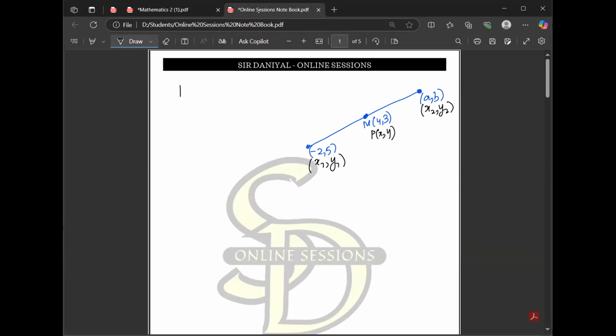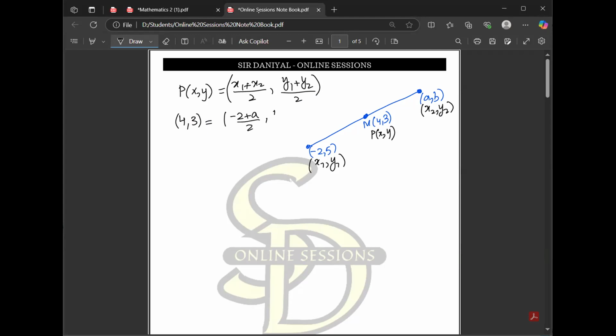So what we're gonna do is Pxy equals x1 plus x2 over 2, y1 plus y2 over 2. We will apply here. So M 4 comma 3 will be written here. x1 is negative 2 plus a over 2.